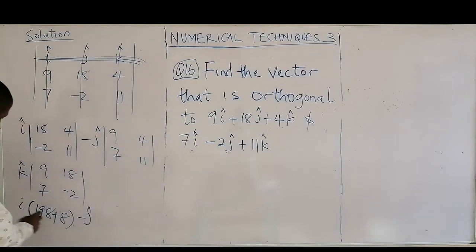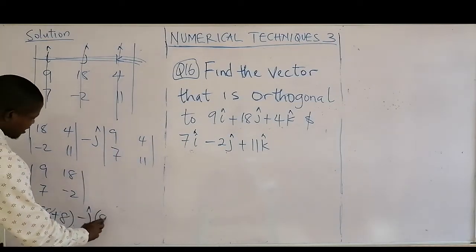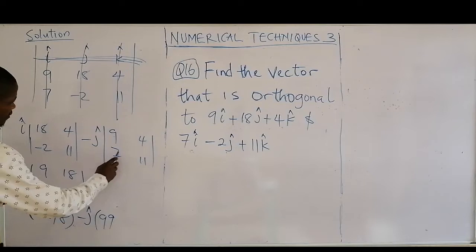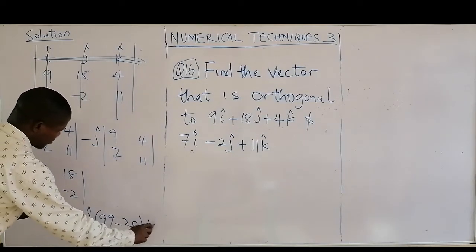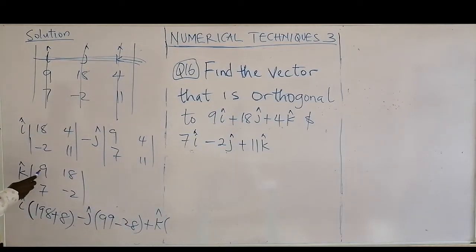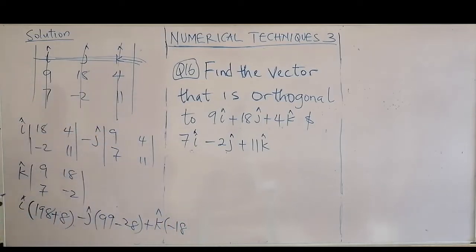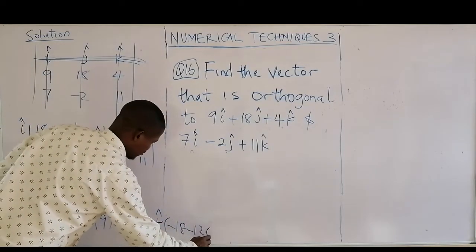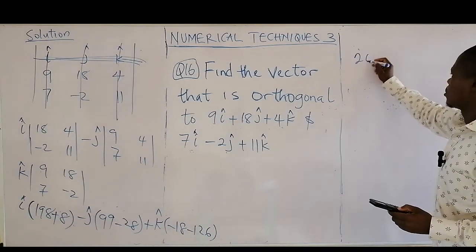Minus j: 11 times 9, that's 99. Minus 7 times 4, 28. Then plus k into brackets: 9 times minus 2, minus 18, and then 7 times 18, that's minus 126. 198 plus 8, that's 206.